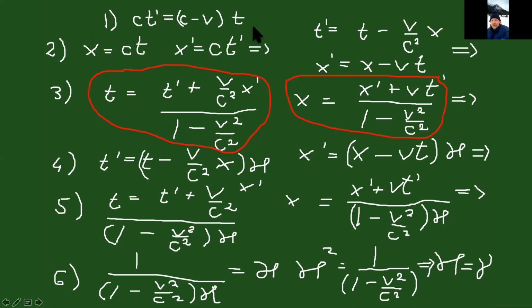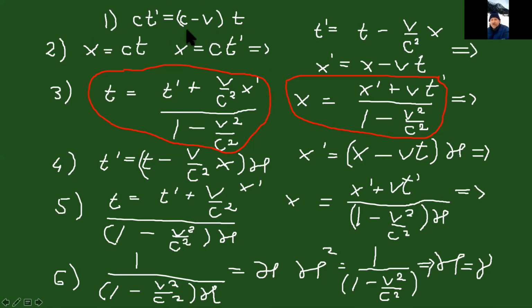So you write the equation that c times t prime in the moving coordinate system is equal to (c minus v) times t in the coordinate system at rest.